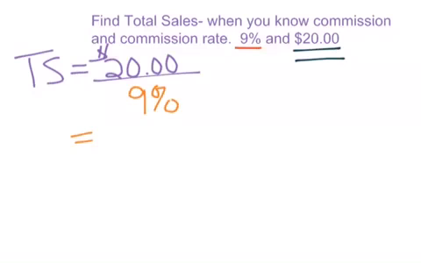So that's obviously going to equal 20 over 0.09. We divide that. Let's do that real fast. That is going to be 222.22222. So we're going to round that to about $222.